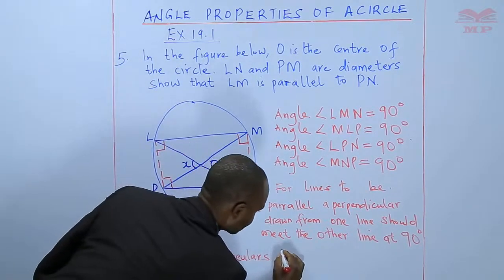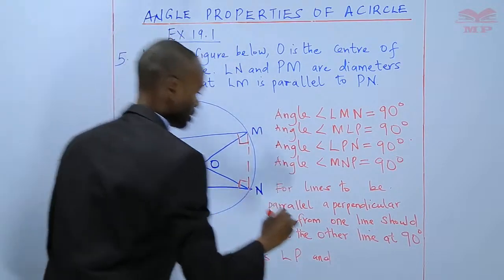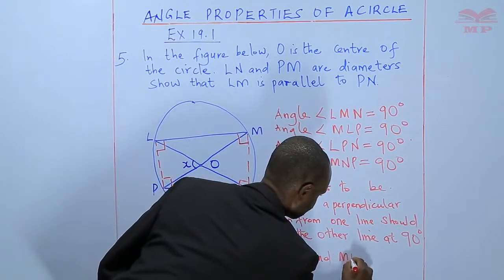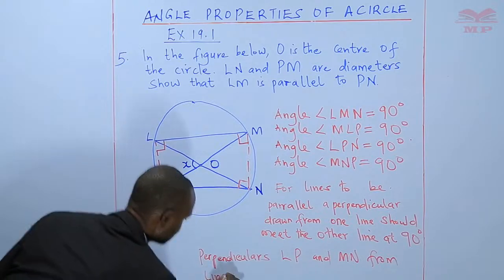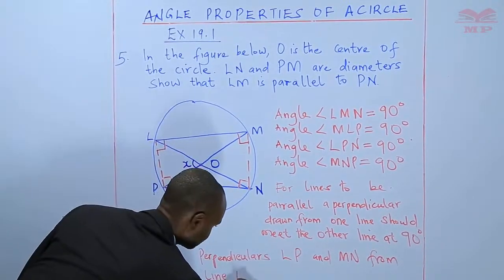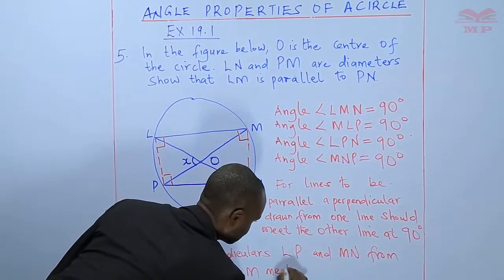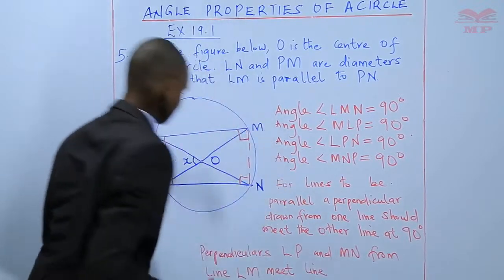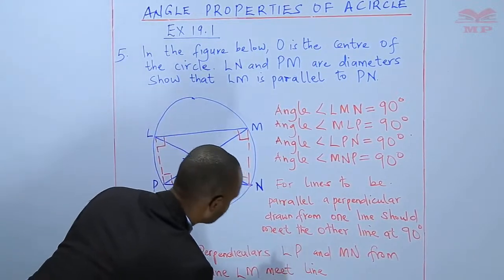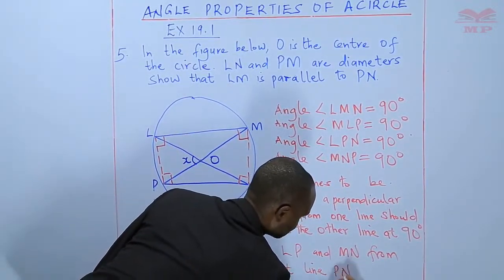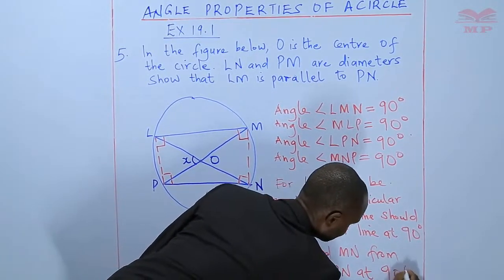Perpendiculars LP and MN from line LM meet line PN at 90 degrees.